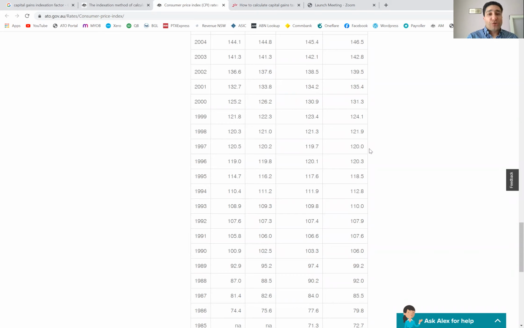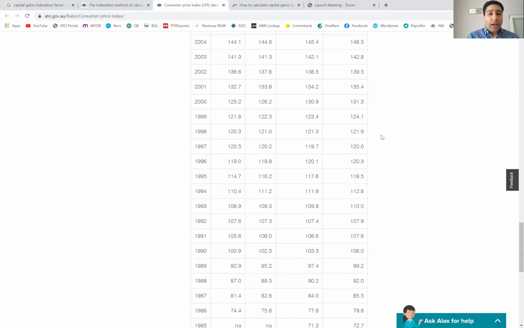So indexation was frozen for capital gains tax purposes in September 1999. However, the consumer price indexes continue to update, but you won't be able to use these to work out the capital gain or loss using the indexation method.